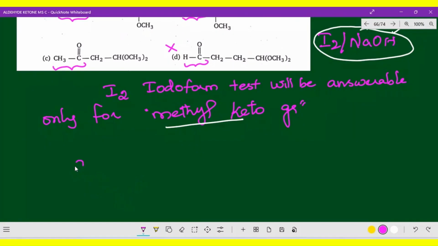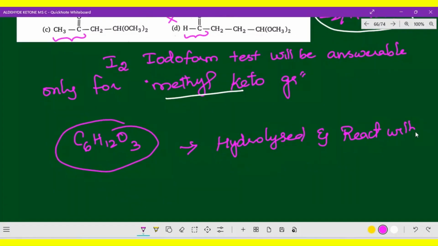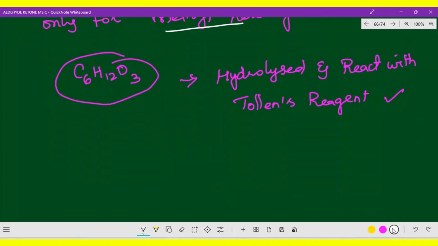This compound A, C6H12O3, is hydrolyzed with water and reacts with Tollens reagent. So the acetal group is converted to aldehyde. Hemiacetal does not convert to aldehyde. These are all the tricks.